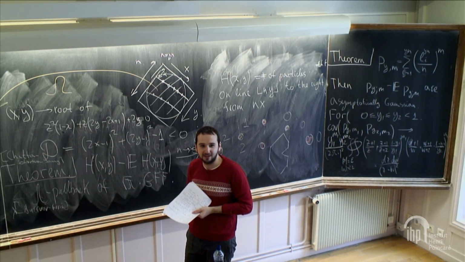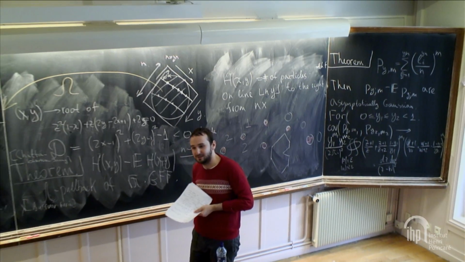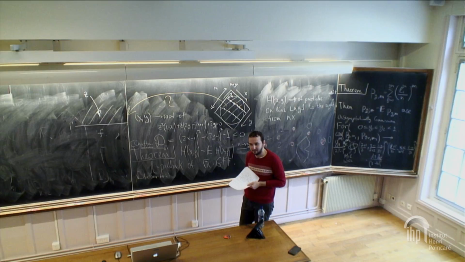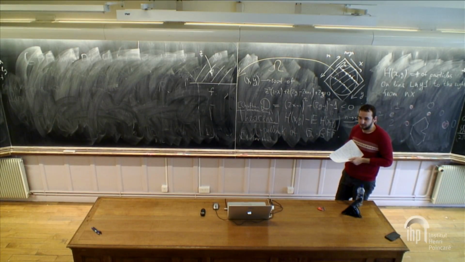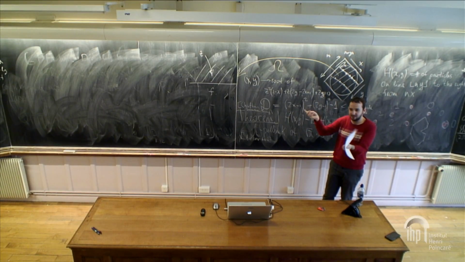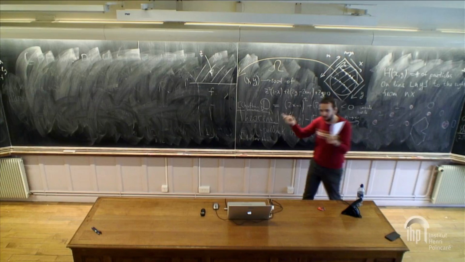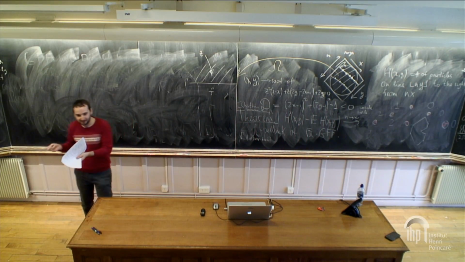Now we will choose some particular F, and we will check that there is a convergence to the thing that we need. So the Gaussian free field is defined on any test function: you take any smooth function and integrate your field against it, and you get a random variable.